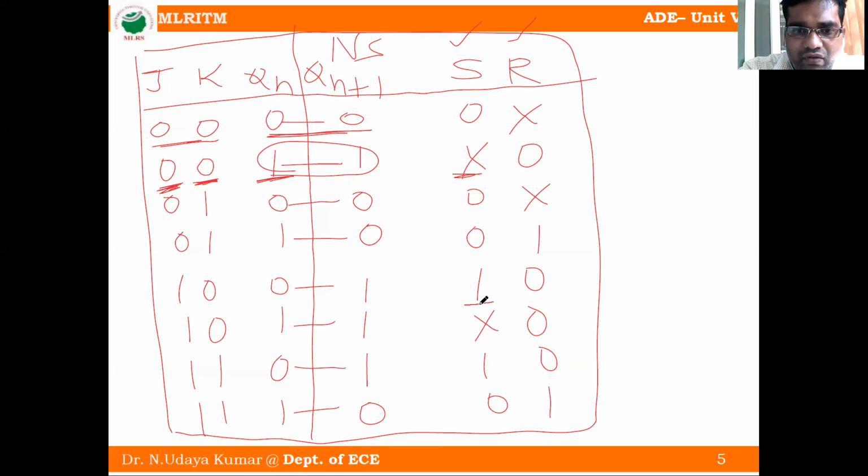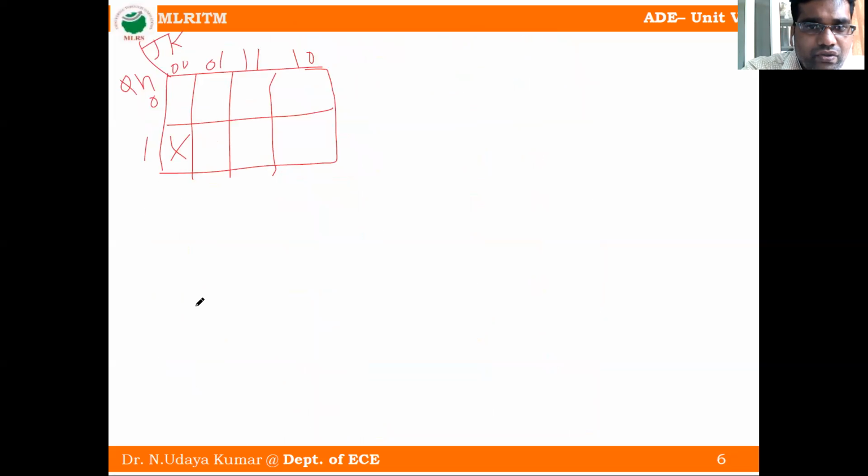Next here 1. How did you get this one? If J is equal to 1, K is equal to 0, JK is equal to 1 0, Qn is equal to 0. So JK is equal to 1 0 is this column, and Qn is equal to 0 means we will get this 1.